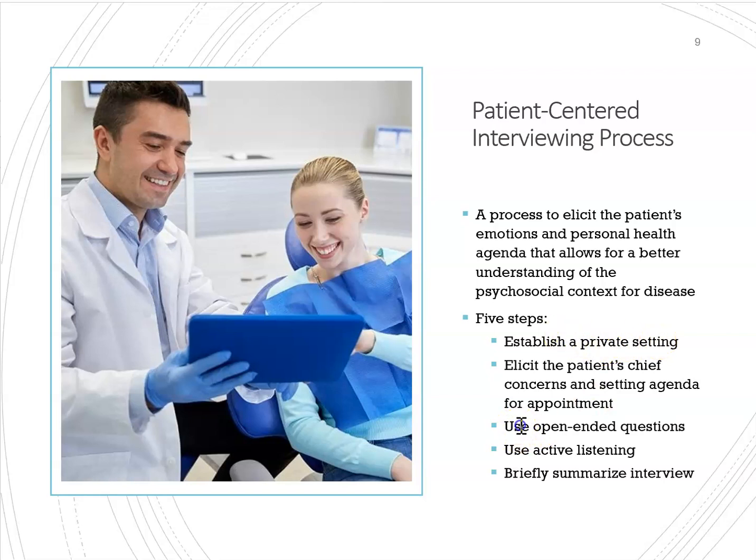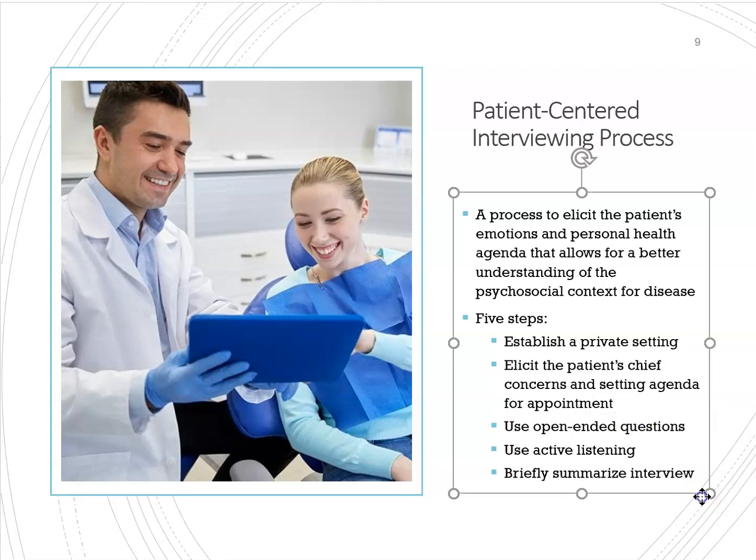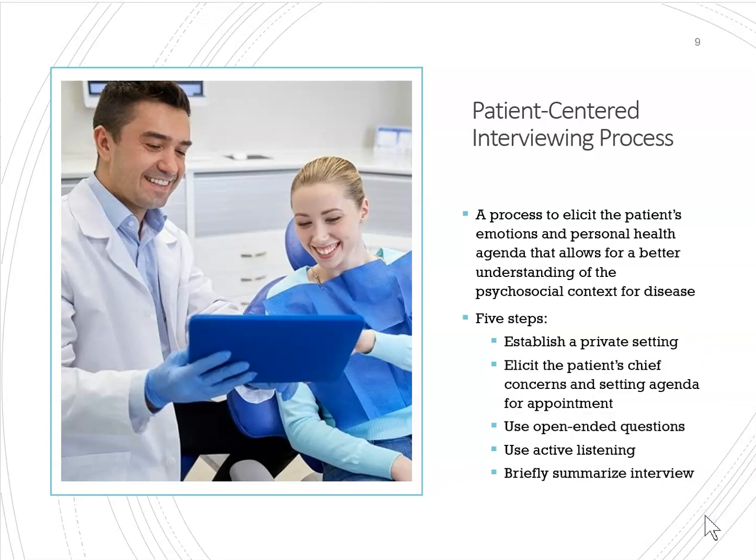And use open-ended questions. So open-ended questions refer to questions like, instead of saying, do you have diabetes? Maybe you can say, well, what health concerns do you have? Do you see the difference? When you say, do you have diabetes, you say yes or no, which is okay, because in your health history form, you'll have a place where they'll check off whether they have diabetes, HIV, and so on and so forth.